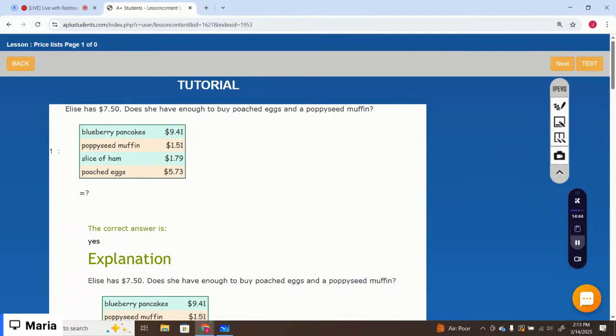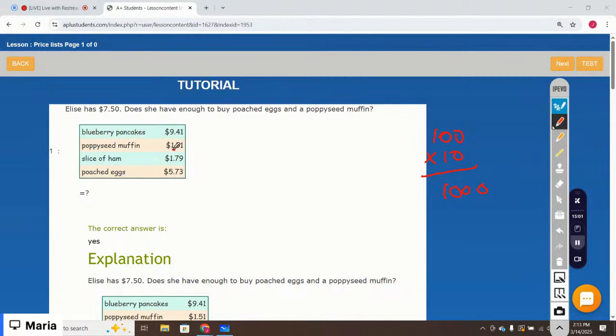Alice has $7.50. Does she have enough to buy poached eggs and poppy seed muffin? So poppy seed muffin costs $1.51 and poached eggs cost 5.73.